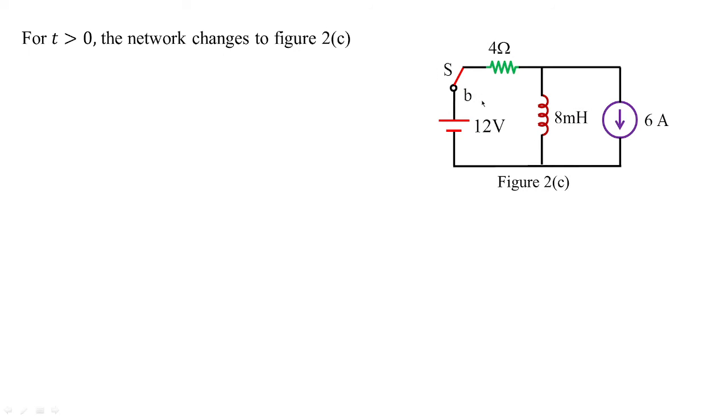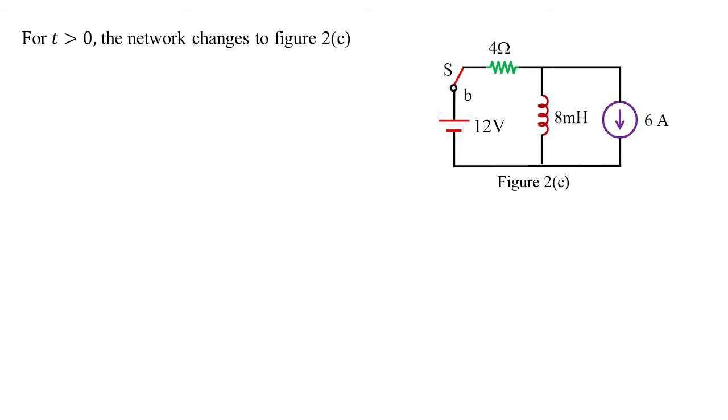Now at condition B, 12 volts is connected. So this is the circuit which will be sustained after t greater than 0. इसका मतलब है स्विच का पोजीशन A से B को आ चुका है. अब जो सर्क्यूट है ये सर्क्यूट है. This is the circuit which is remained. Now with this we need to calculate I of t. What is that I of t?